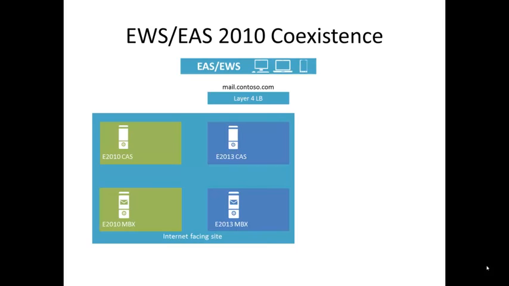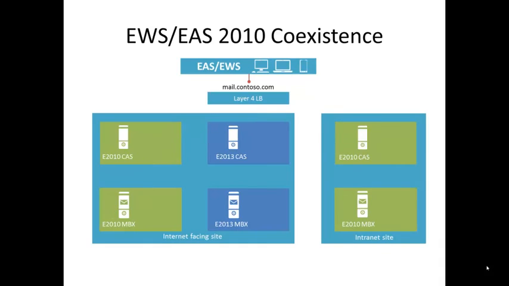When we look at Exchange Web Services or Exchange ActiveSync in a 2010 coexistence scenario, we hit the client access server and the request is proxied to the 2010 client access server, and then again to the mailbox server. If we have another location, we have a cross-site proxy request to the Exchange 2010 client access server, and the data will be retrieved from the 2010 mailbox server.